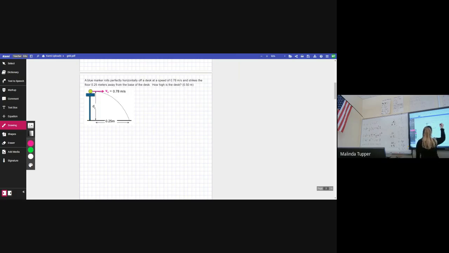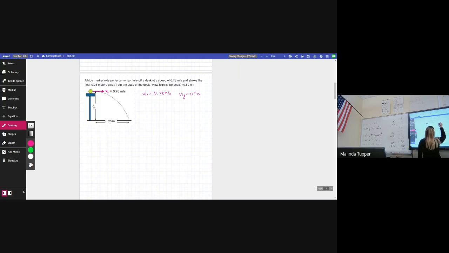So I'm going to actually write down everything I know in the horizontal and the vertical direction. I'm going to start with horizontal. My initial horizontal velocity is 0.78 meters per second. My initial vertical velocity is 0 because this is a horizontal projectile.